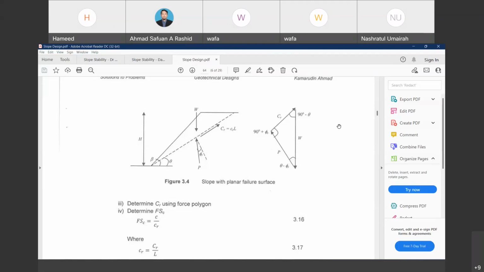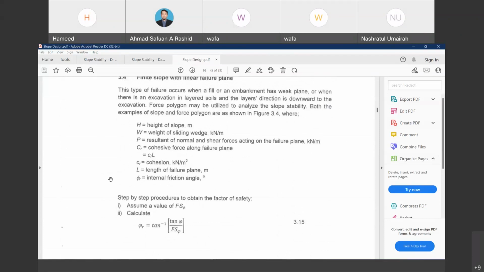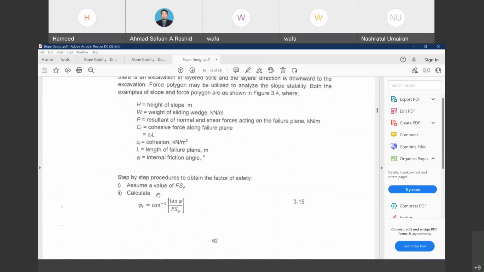So how could we use this approach? There are some procedures here. This is the notation that explains the meaning of each notation. Then we may refer to this procedure, where we use the same approach, for example, to determine the FS phi and also FSC.